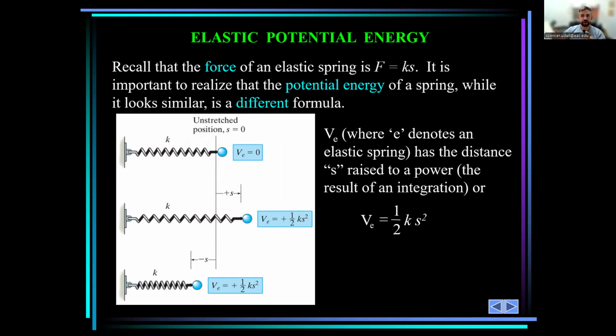So we've still got an integral that happened there to give us 1/2 ks squared, but we could have an initial pent up energy as it's compressed or maybe stretched, right? That would be our initial potential energy in the spring. And then after it's released, either it goes to zero or it could be now compressed, or maybe it's still stretched a little bit, right? And that would be our new potential energy at the end of the process.